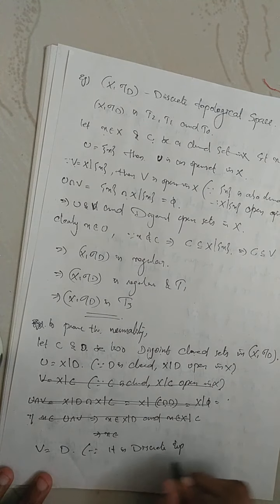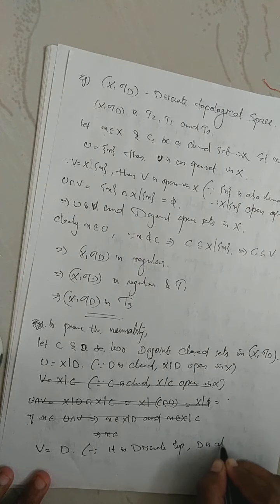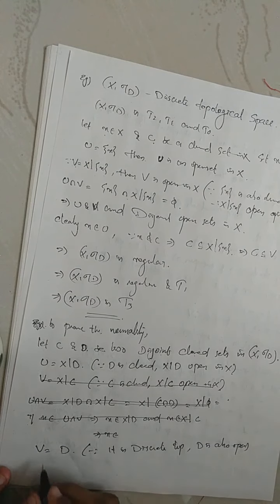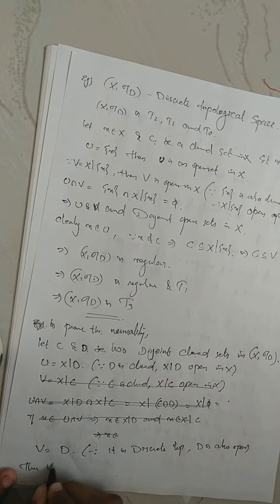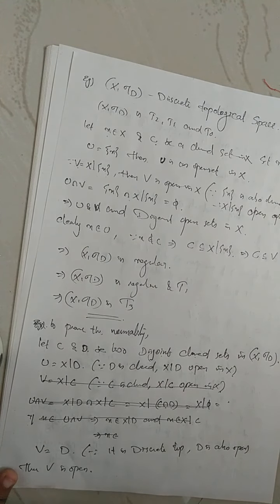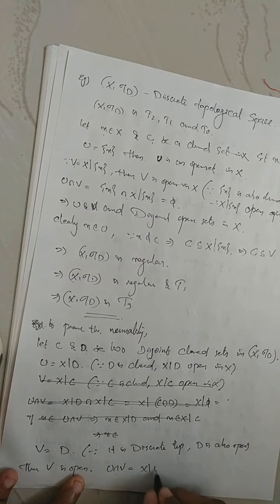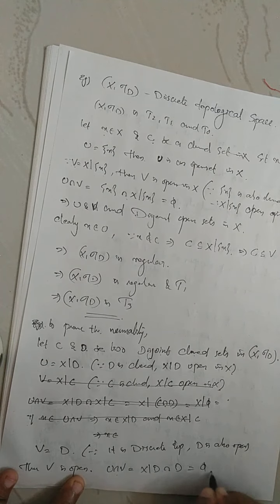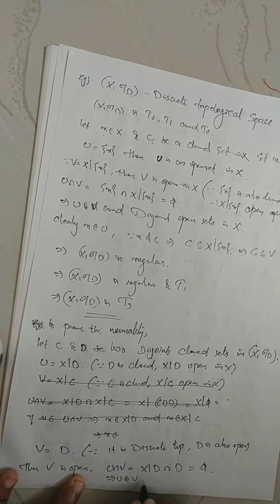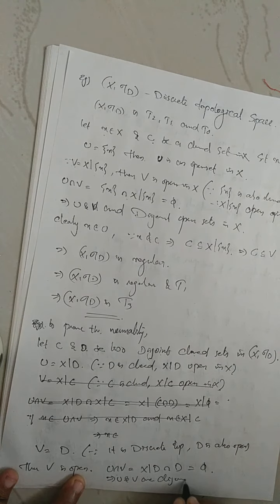So if we choose V equal to D, then V is open. And what about U intersection V? U intersection V equals X minus D intersection D, which is always empty. So U and V are disjoint open sets.